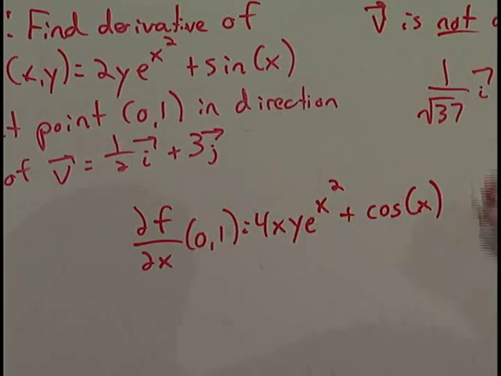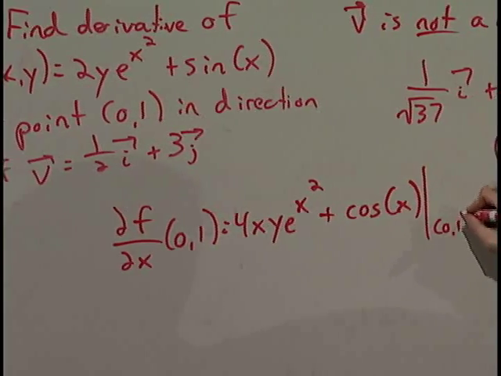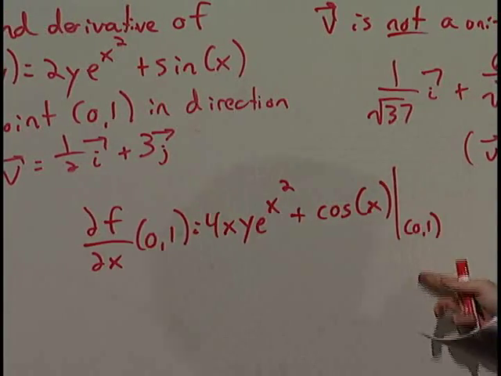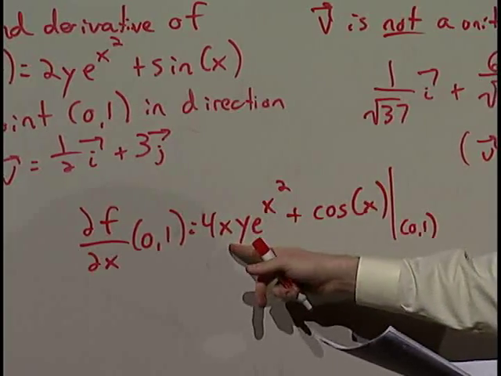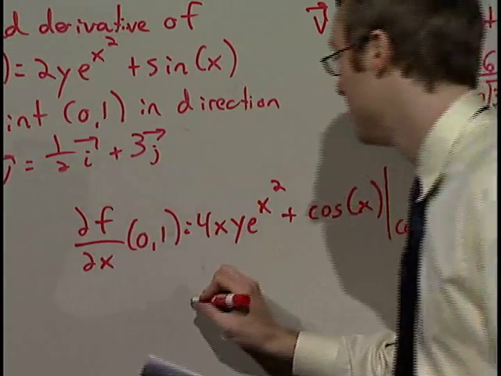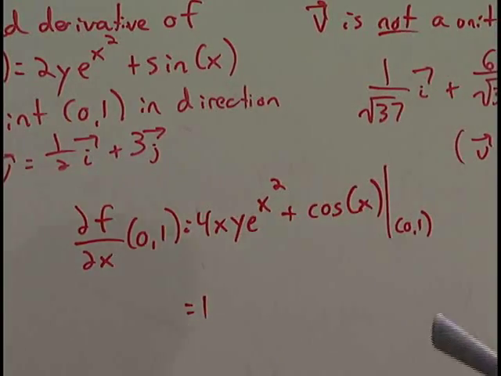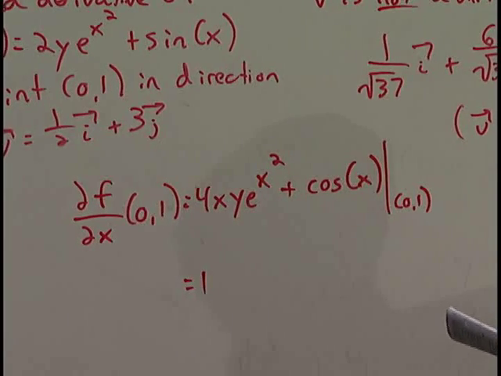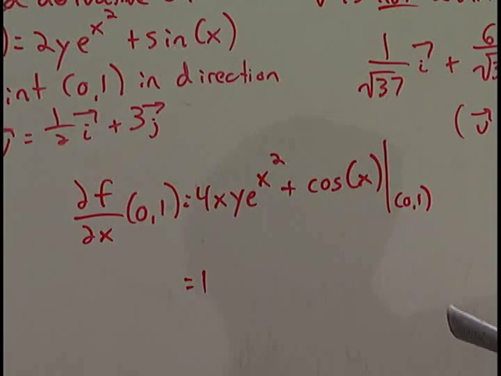That's evaluated at (0, 1). Plug those numbers in. The first term goes away because of the 0 in the x. Cosine of 0 is 1. Now partial f partial y at (0, 1).